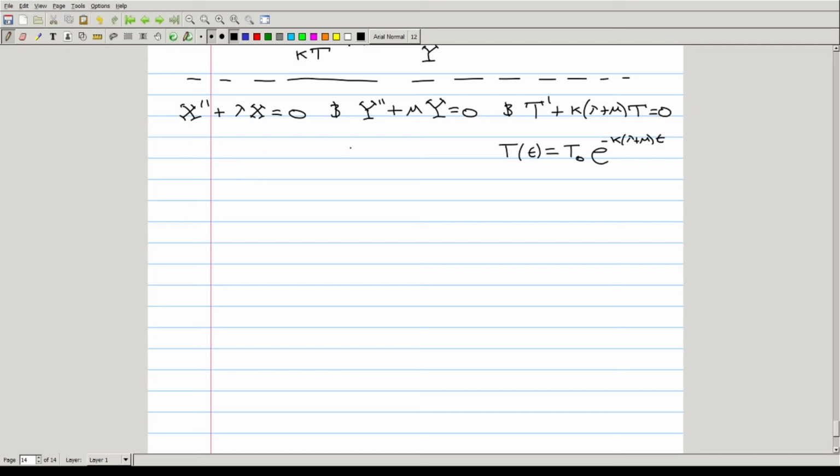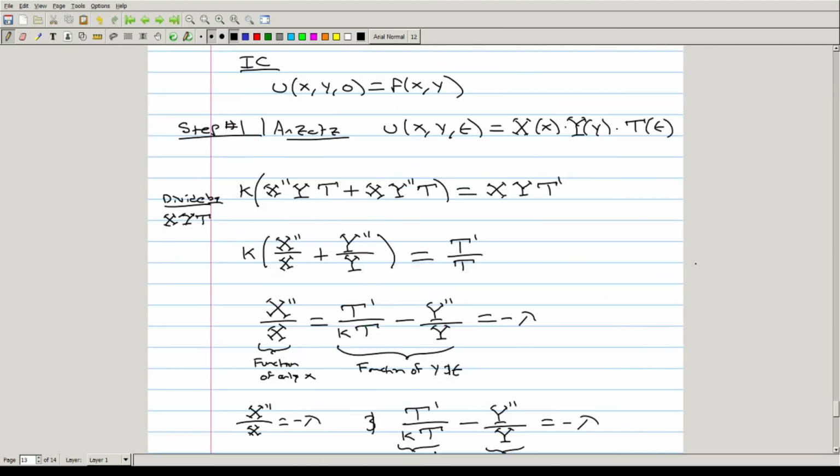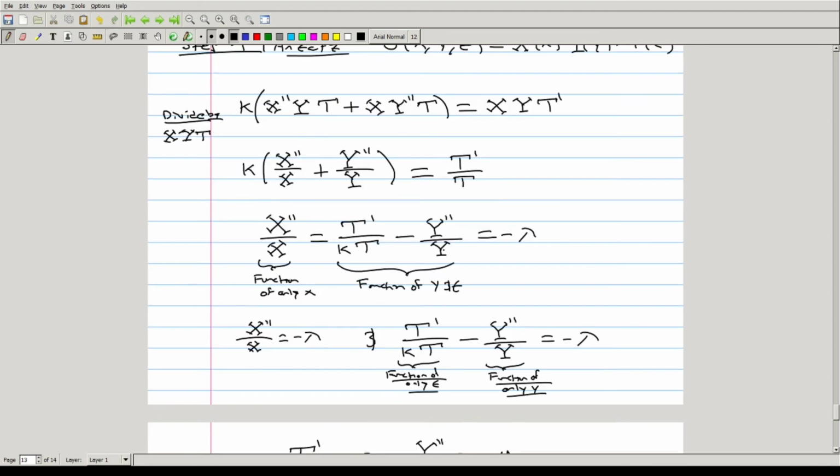And we can also go through a similar procedure to the 1D case to solve both of these differential equations and satisfy the relevant boundary conditions, the relevant Sturm-Liouville problem for each one of the differential equations here.